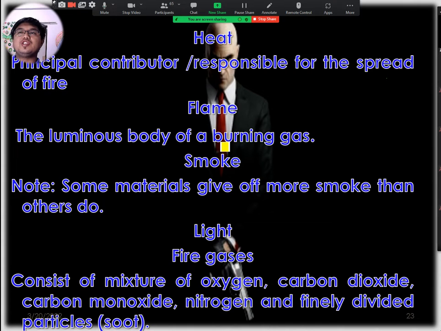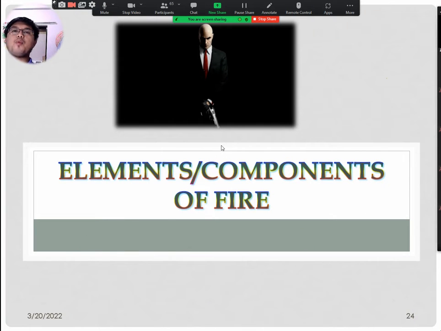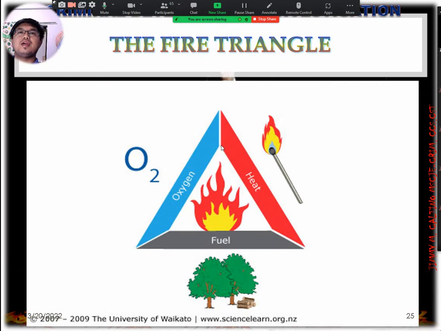Next topic, gentlemen and ladies, is the components of fire. So, what are the components or elements of fire? This is what you always say, the triangle of fire. The fire triangle, as it says there, is a triangle.